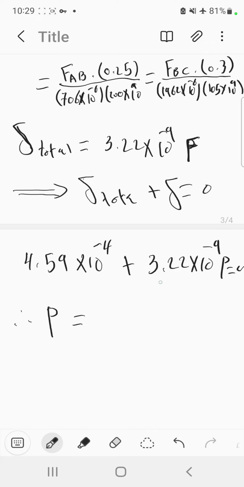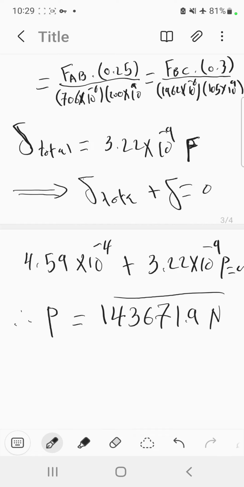So we know P is equal, after we divide this number by this number, to 14367.9 Newton. That's our final force.